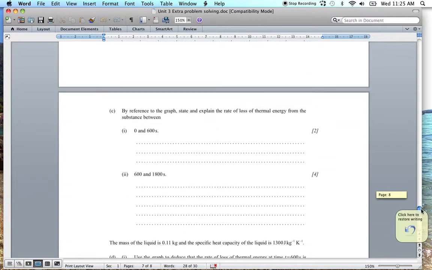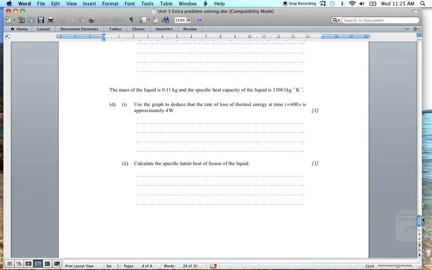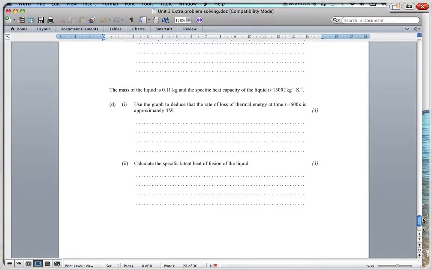Over the page, so there. And here, calculate, so that's the 4 watts there, calculate the specific latent heat of fusion of the liquid. Now we are obviously going to assume here that 4 watts is the energy that's coming out.